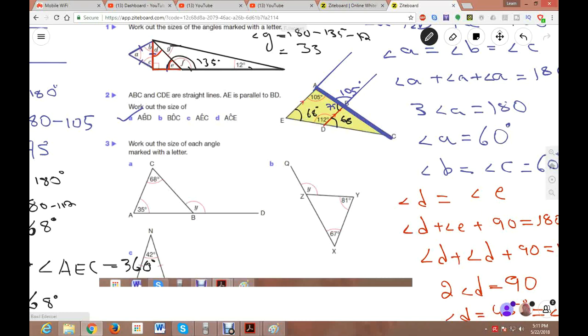Yeah, this is going to be the angle. Alright, so this is something that we have to find.